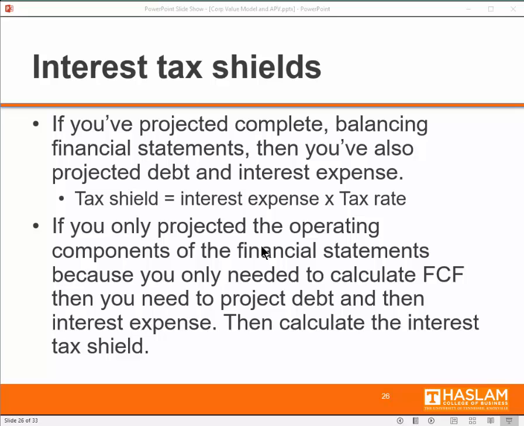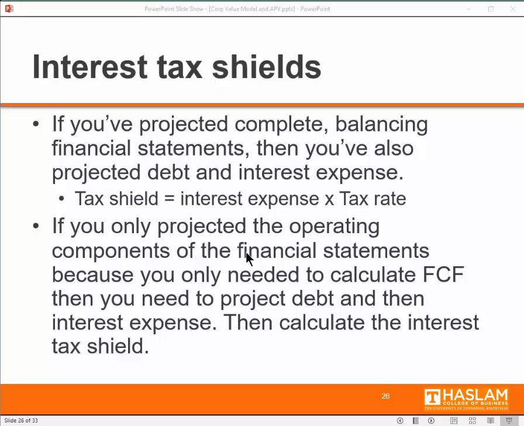For our tax shield, we want the tax shield from all of the interest expense that's paid to debt holders. In our financial statements, we have them separated, interest expense and interest income, and that's important. If you don't have them separated, then you're going to have to calculate the interest expense on the debt level from the projected financial statements themselves. So in our case, we do have it.